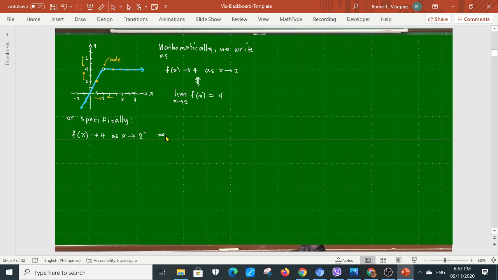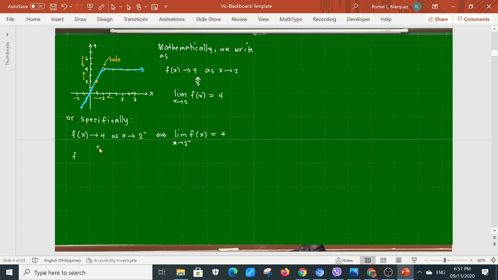And this is equivalent to the limit as x approaches 2 of f of x, and actually that f of x is 2x, is equal to 4. But I have to put a negative on top of 2, so it means x approaches 2 from the left.